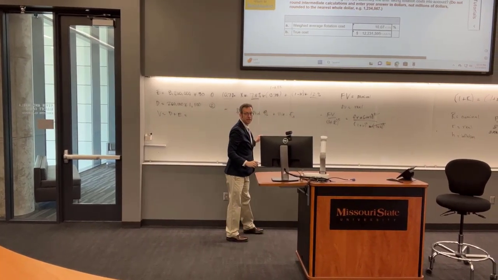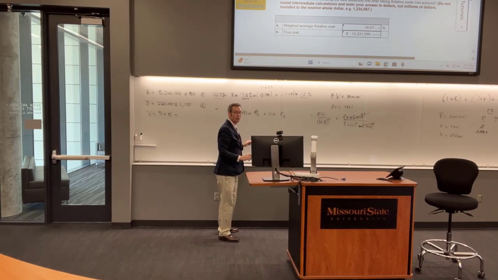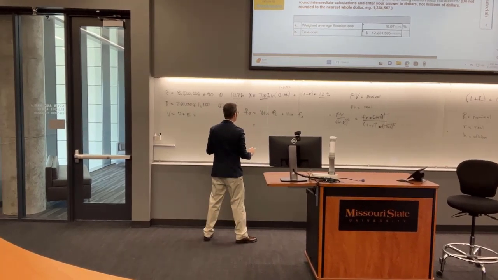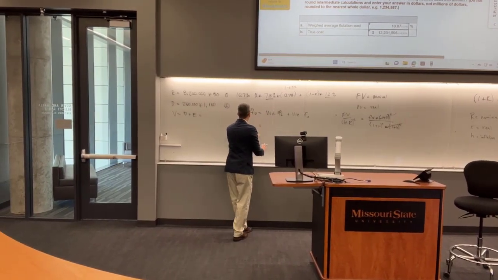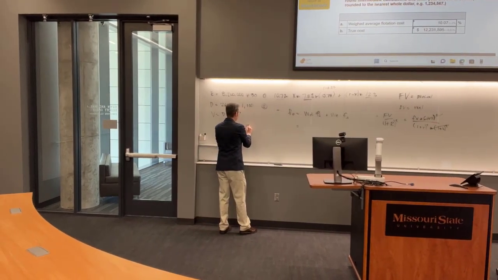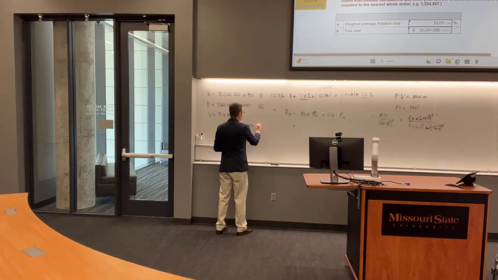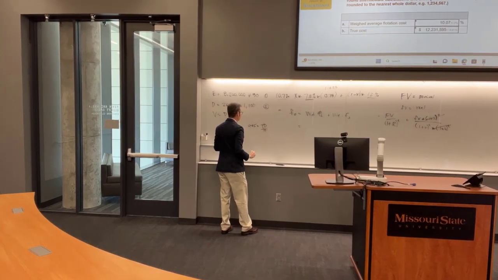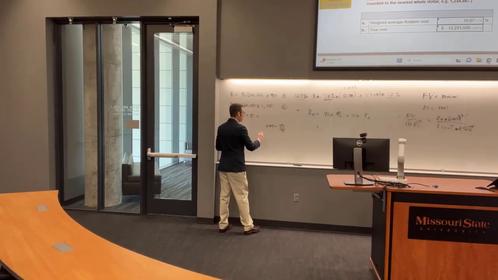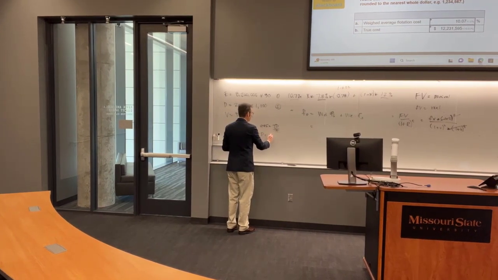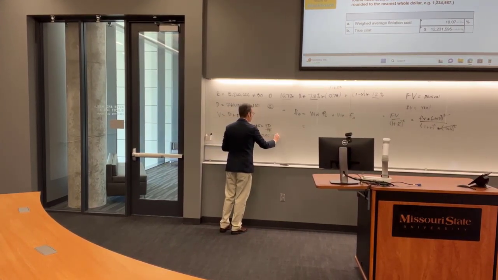They're saying the debt to equity ratio is 0.45. So the weight on debt, 0.45, is equal to the debt to equity ratio. And so TD is equal to 0.45 TE.